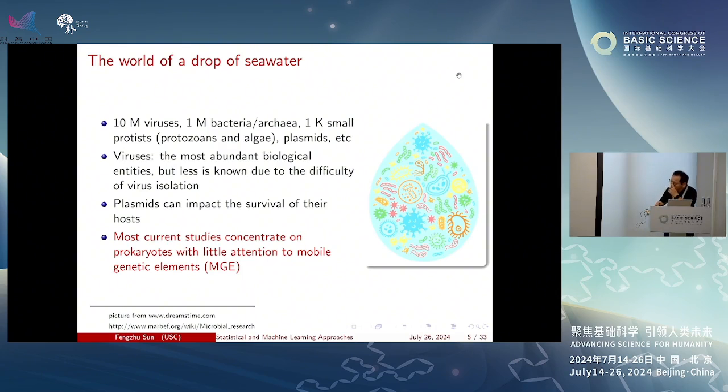In a drop of water, we have about 10 million viruses, 1 million bacteria, and 1,000 protists, etc. Although most of the genetic material comes from bacteria, because bacteria have much longer genomes, about 90% of the genetic material you sequence from the microbiome is bacterial, the number of viruses is much larger.